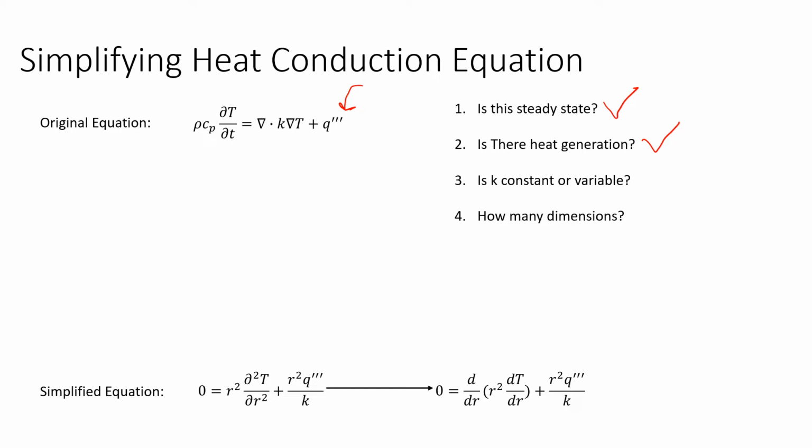Is k constant or variable? k is constant. How many dimensions? We are working with 1 dimension, which is r. And what coordinate system are we working in? It is spherical.